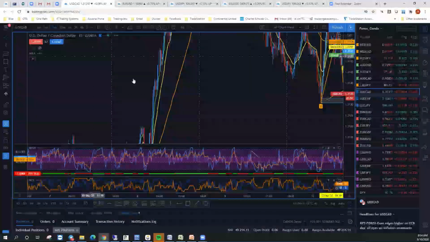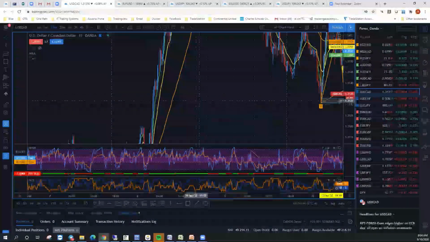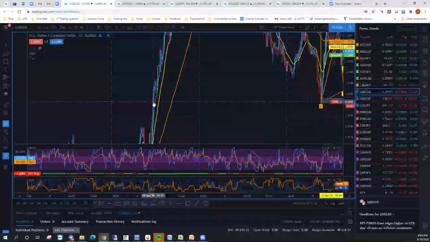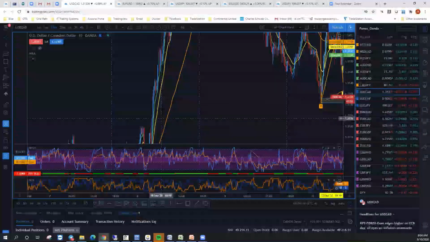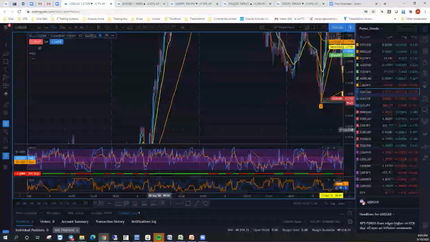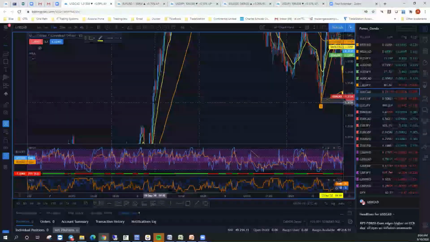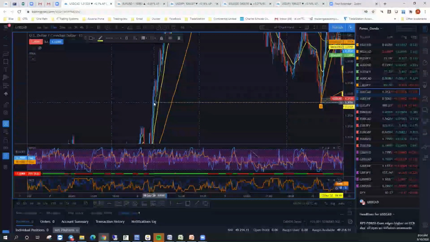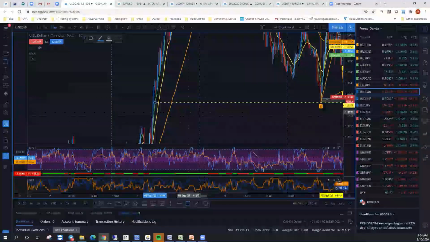Go to 15-minute chart. Here's where the B is. Here's a wick. I say if it can break through this area right in here, if it can break below this wick here, then I'm looking at it possibly going down to this area.